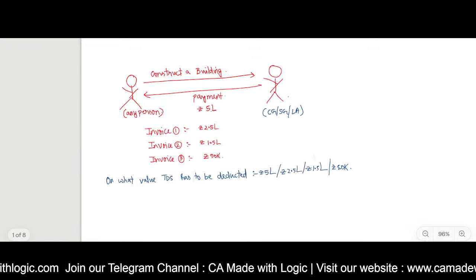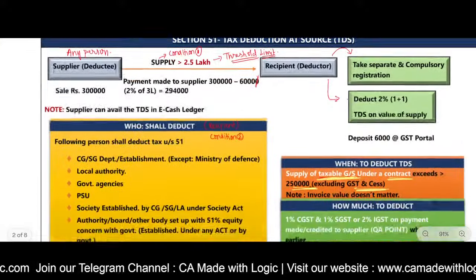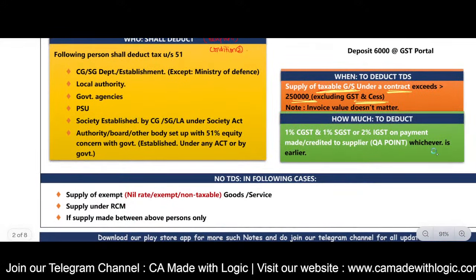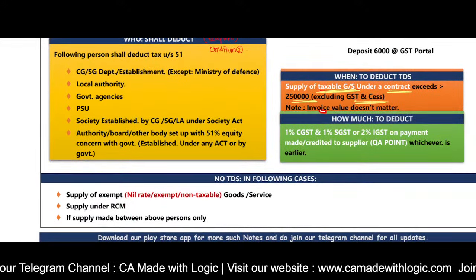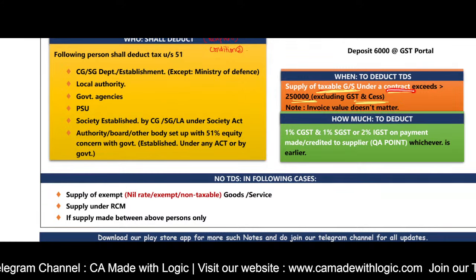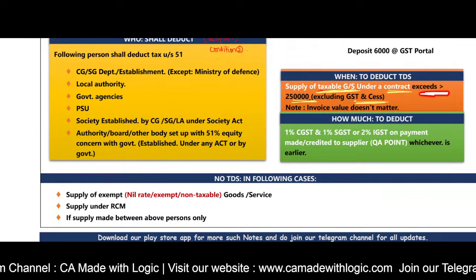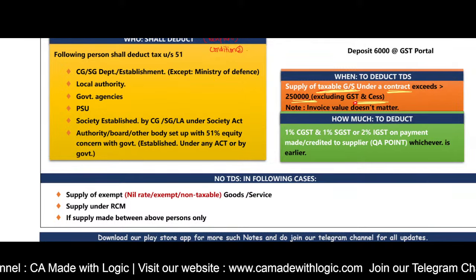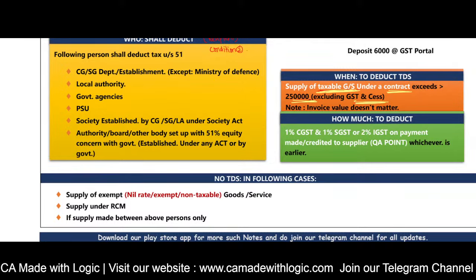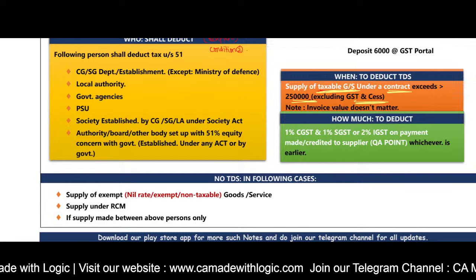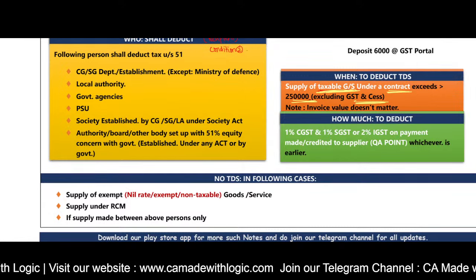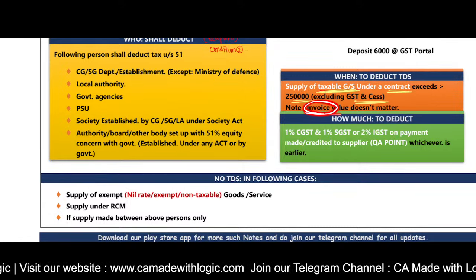Here the law says, and you can read the note I have written: invoice value doesn't matter, only the contract value matters, where it exceeds 2.5 lakh rupees excluding GST and cess. On that amount only TDS will be deducted.